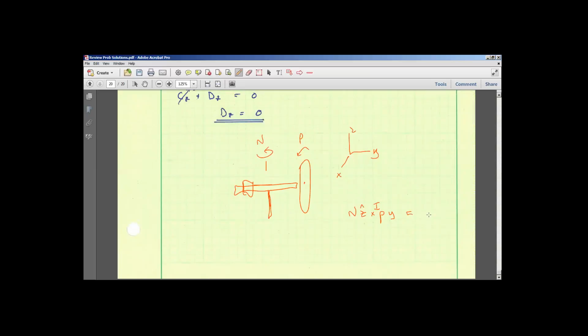So that's I times N times P, and that's going to be in the minus I direction. And that's the moment we have to apply to keep that balance. Correct.